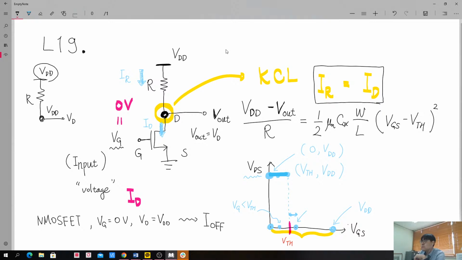Now, R is multiplied to both parts, so we will just have R here.